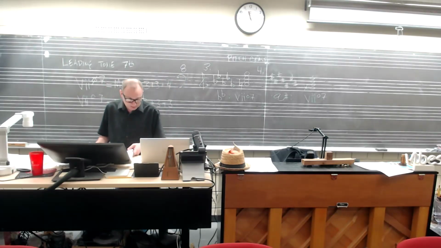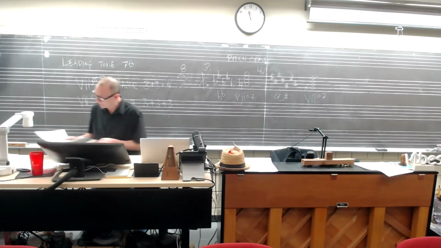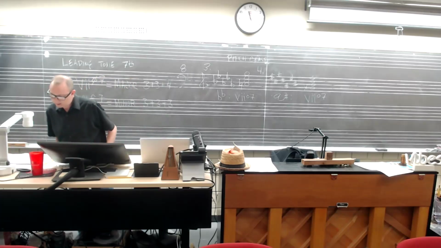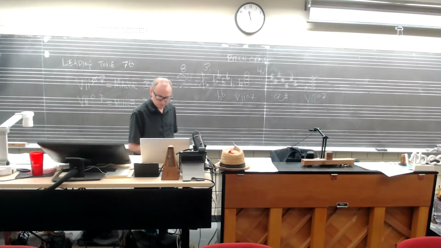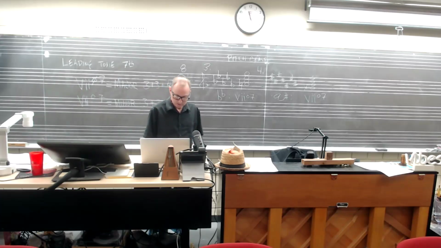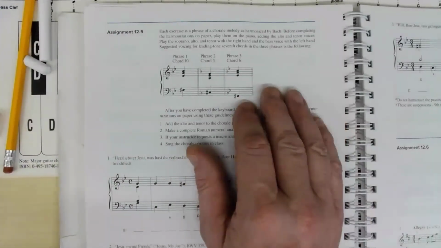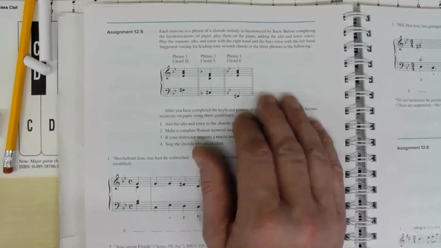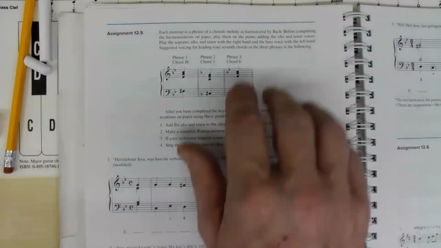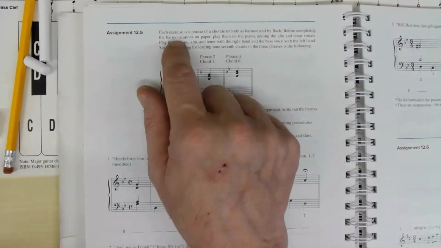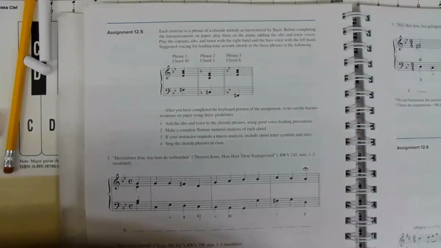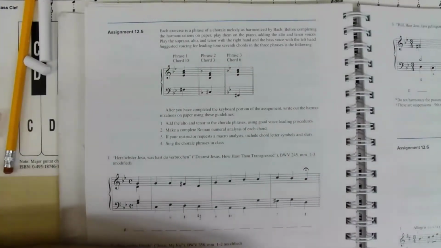Okay, so the next step is to go to 12.5 and take a look at the instructions for 12.5. This is kind of fun. It says here that each exercise is a chorale melody as harmonized by Bach.